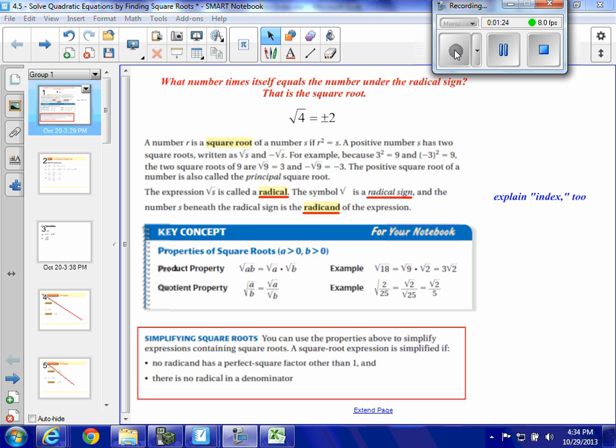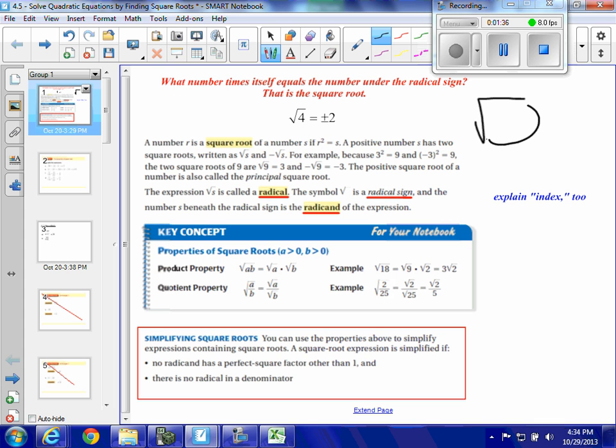There are important terms you need to know so that we can talk the same language. That is called a radical sign. The number underneath the radical sign is called the radicand. And sometimes you'll see a little number up here, like a 3 or a 4 or a 5.